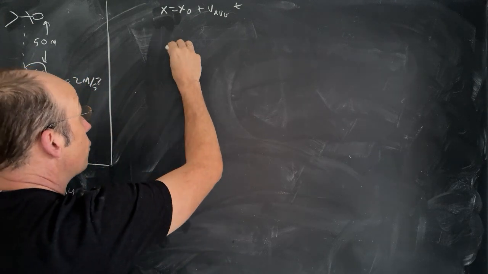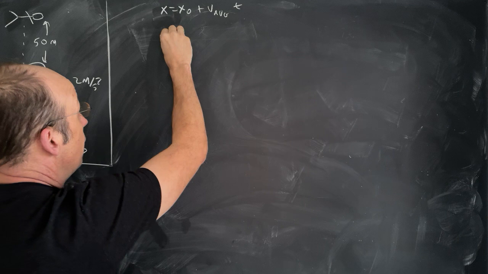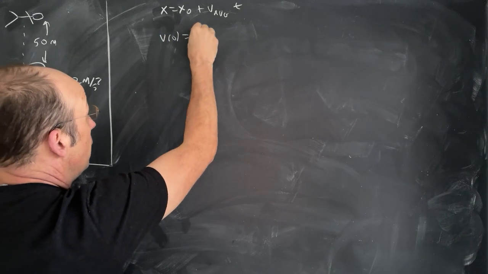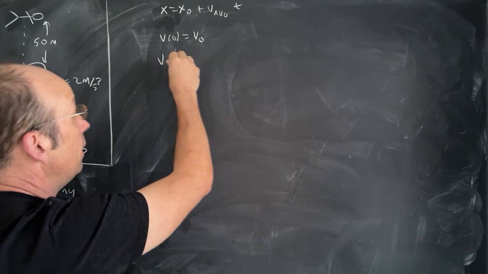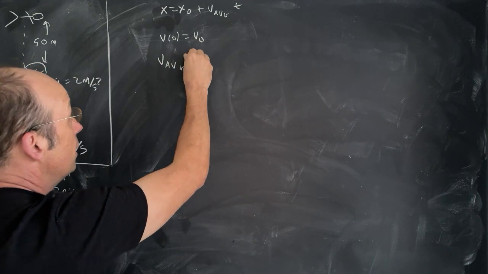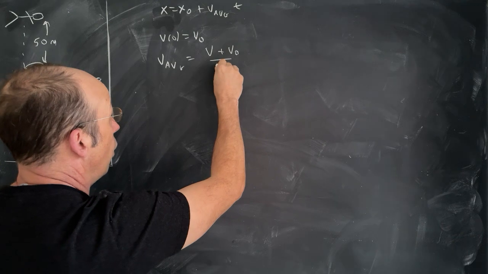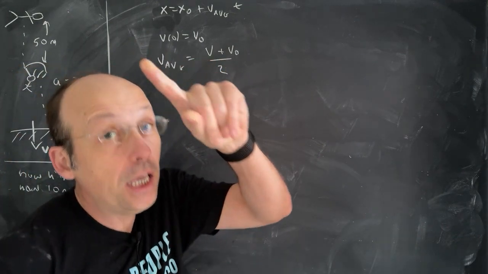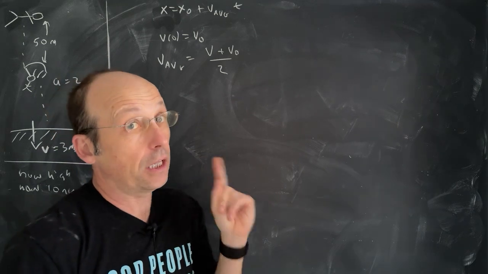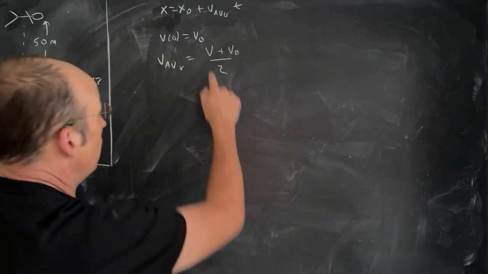We know that during that time interval, it starts with some velocity v0 at time t0, and the final velocity is v, so v average is going to be v plus v0 over 2. I can average the velocity if and only if the acceleration is constant, which is what we're dealing with in this case.